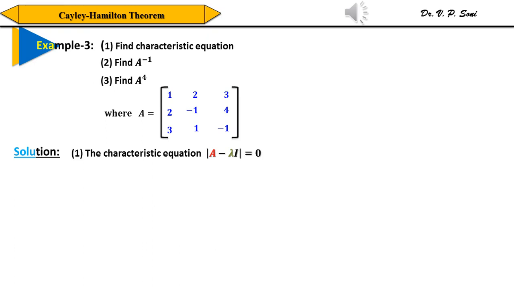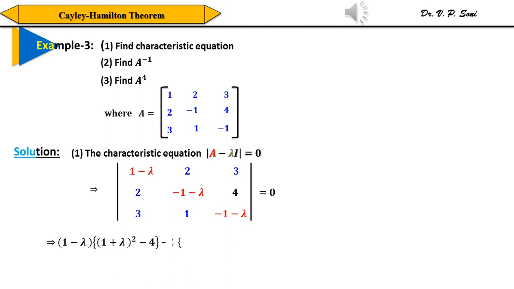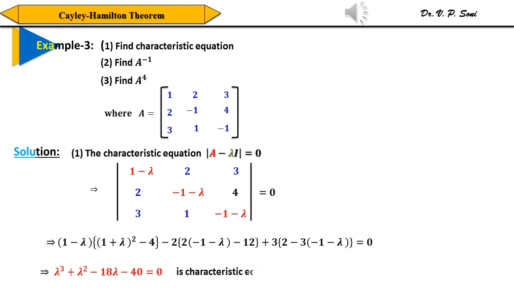Therefore determinant whose first row is 1 minus lambda, 2, 3, second row 2, minus 1 minus lambda, 4, third row 3, 1, minus 1 minus lambda equals 0. Now on the left hand side find the value of the determinant and put it equal to 0. This implies we get lambda cube plus lambda square minus 18 lambda minus 40 equals 0, which is the characteristic equation of the matrix A.